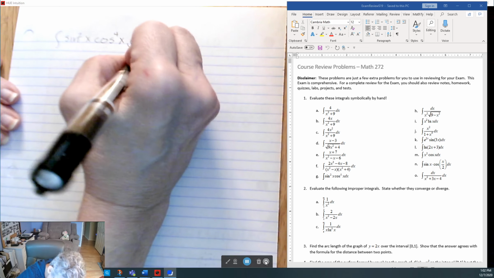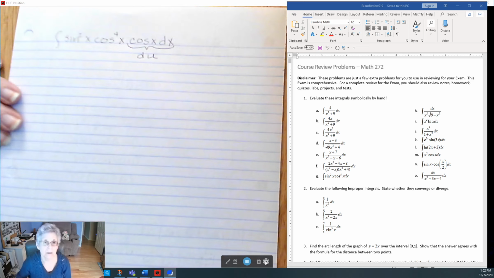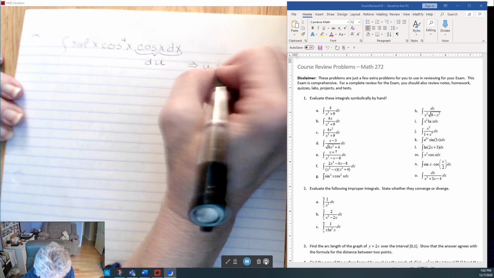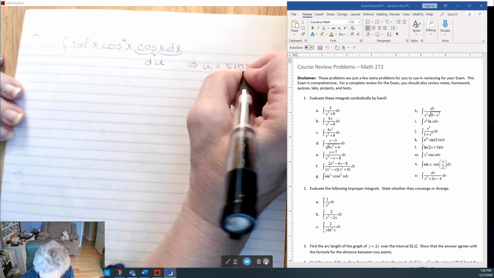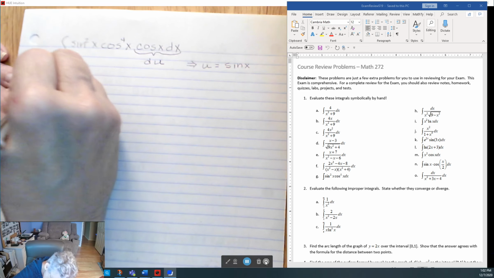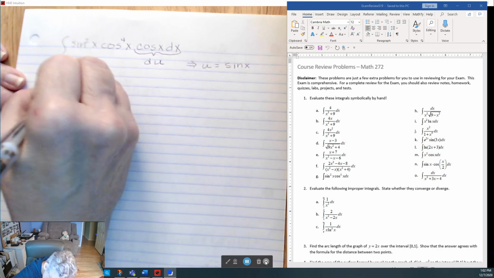Then this can be my du, so u needs to be sine of x. Let's rewrite cosine to the 4th as a product of stuff with sine.